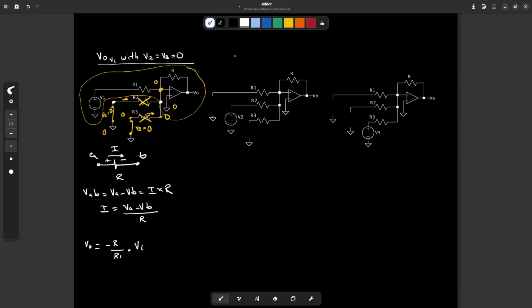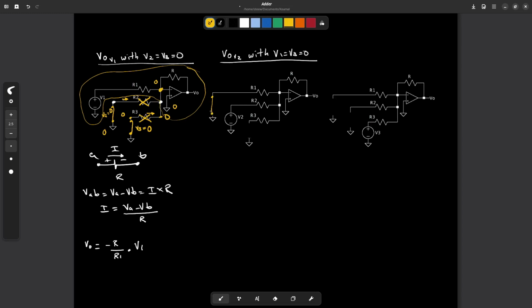In this case, I'm going to calculate V0 due to V2 with V1 and V3 nullified. Okay? So, again, to nullify a voltage source means to short circuit it. So, where V1 was connected, I'm going to substitute it with a cable.